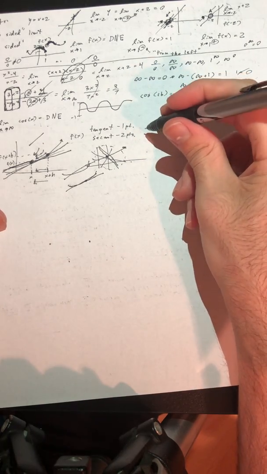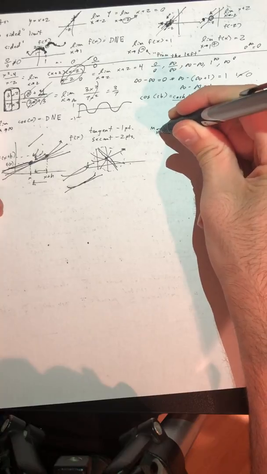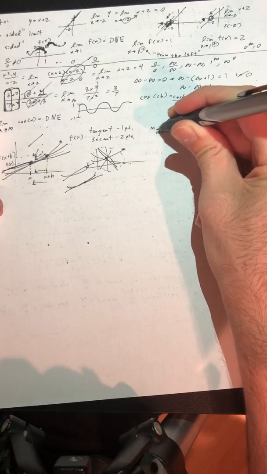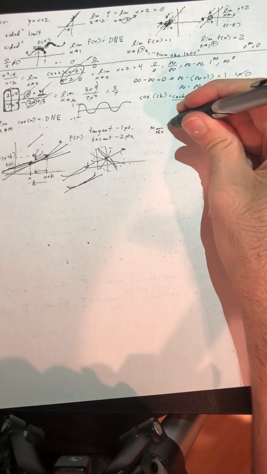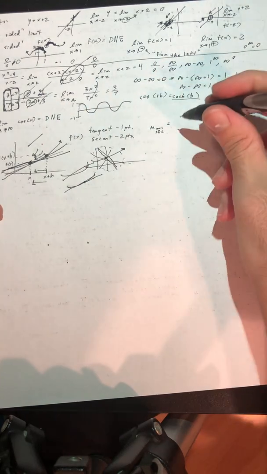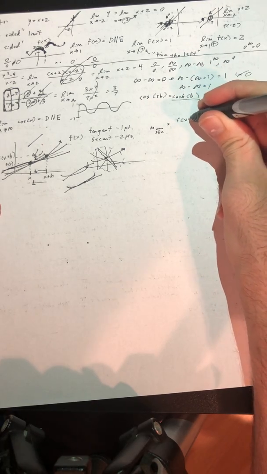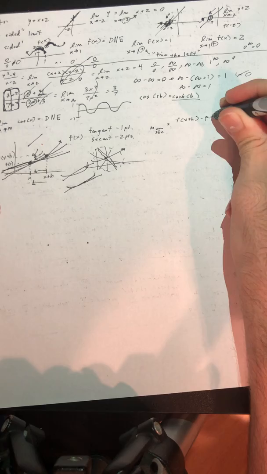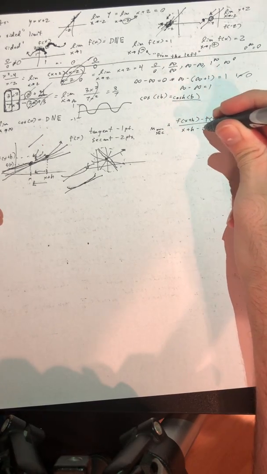Now, the slope of the secant line, that's what this m means. Its slope is equal to y2 minus y1 over x2 minus x1. f of x plus h minus f of x over x plus h minus x.